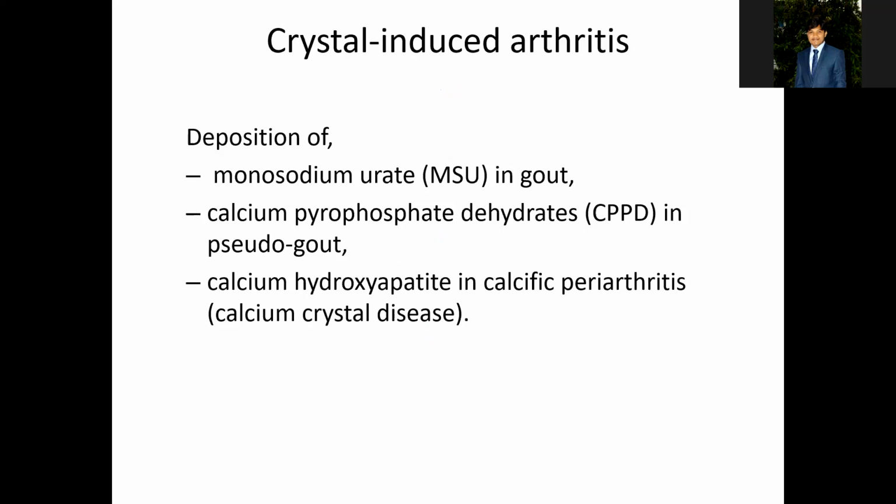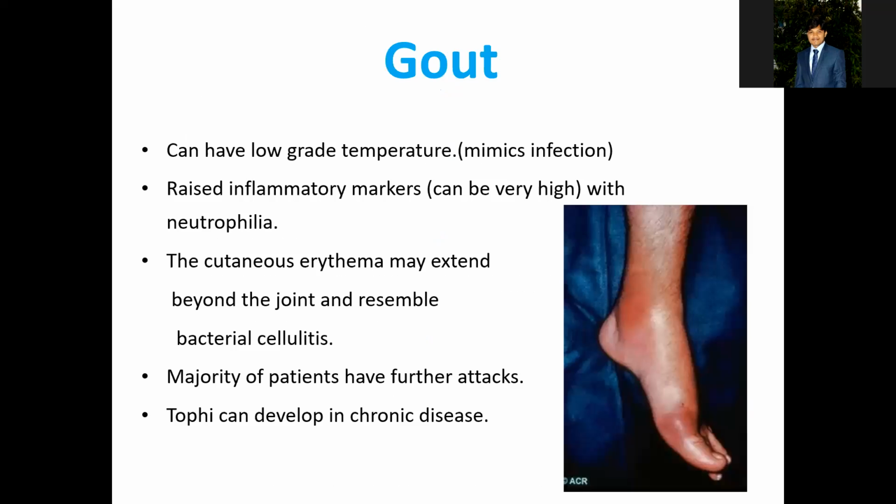Acute arthritis is caused due to crystal deposition. In gout, monosodium urate crystals are deposited. In pseudogout, calcium pyrophosphate dihydrate crystals are deposited. In calcific periarthritis conditions, calcium hydroxyapatite crystals are deposited in the joint. Gout can have low grade temperature mimicking infection.